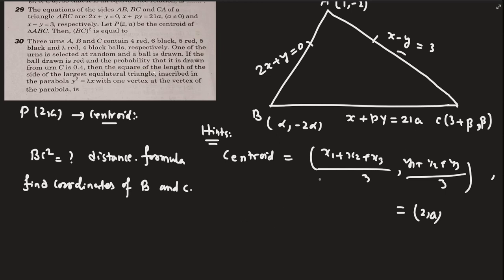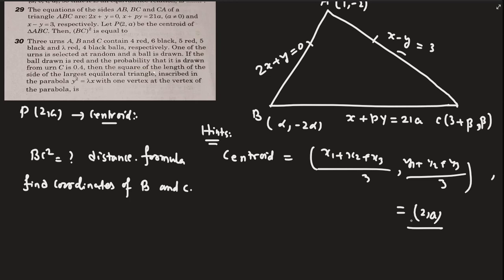So now you should put here x1 is 1, x2 is alpha, x3 is 3, divided by 3. y1 is minus 2, y2 is minus 2 alpha, and y3 is beta, divided by 3. So you are able to find these coordinates.